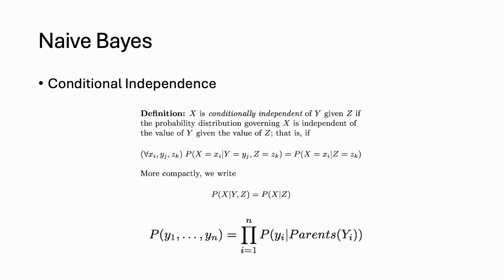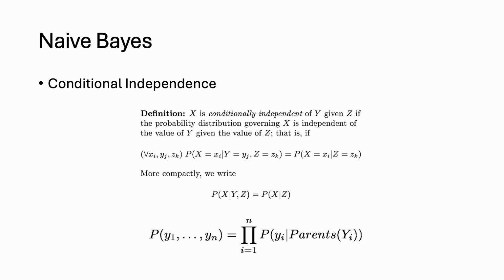Conditional independence means that if we have three variables X, Y, and Z, and X is independent of Y given Z, then we say X is conditionally independent of Y given Z. Formally, P of X given Y and Z equals P of X given Z.